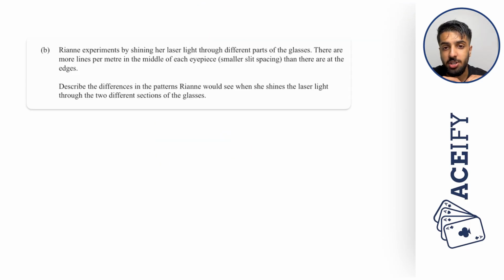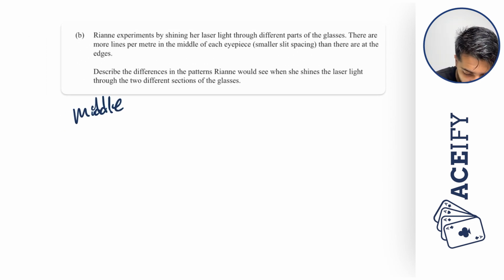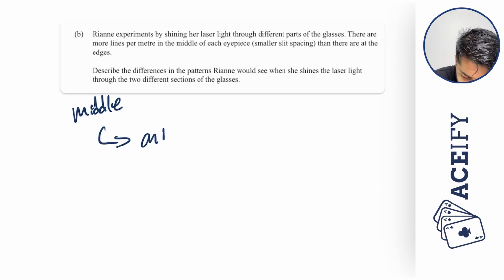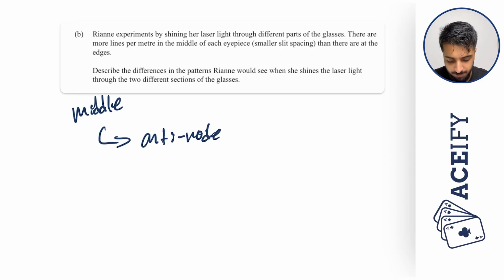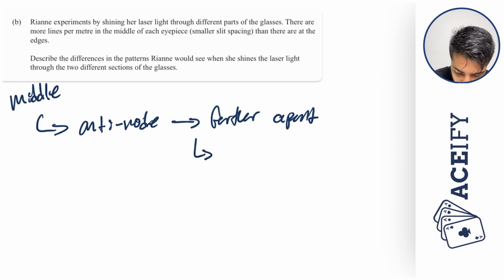Renee experiments by shining her laser light through different parts of the glasses. There are more lines per meter in the middle of each eyepiece, smaller slit spacing, than there are at the edges. Describe the differences in the pattern Renee would see when she shines the laser through the two different sections of the glasses. Okay, so in the middle, the slit spacing is smaller, and therefore each antinode, or each bright spot, is going to be further apart, which means there are going to be fewer of them.